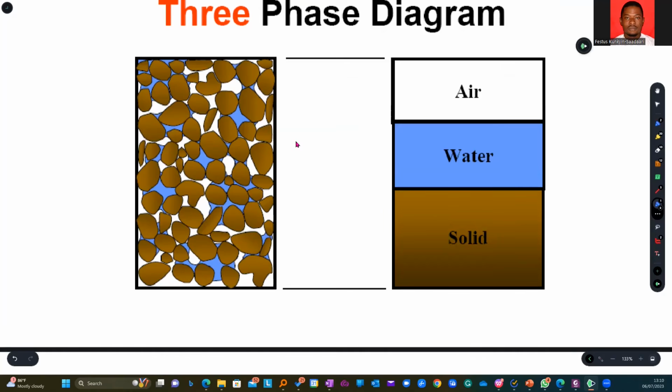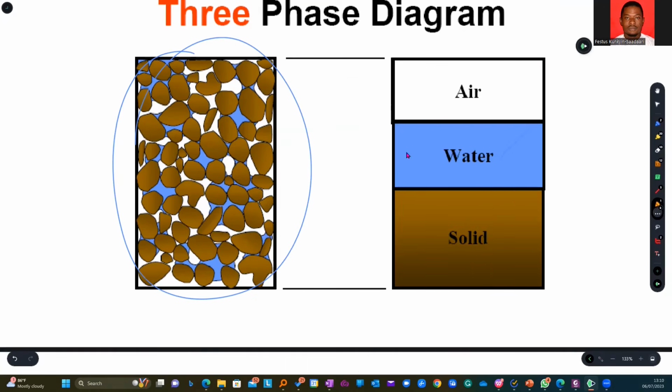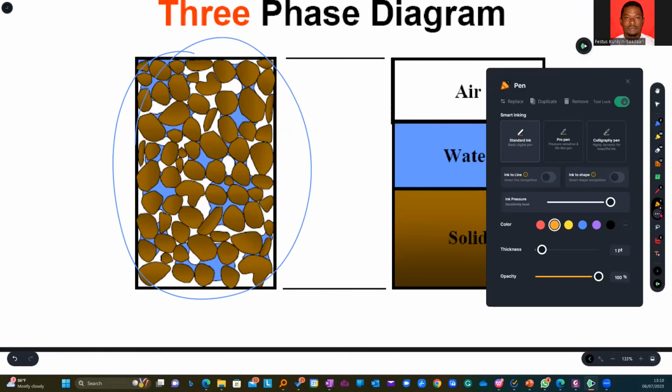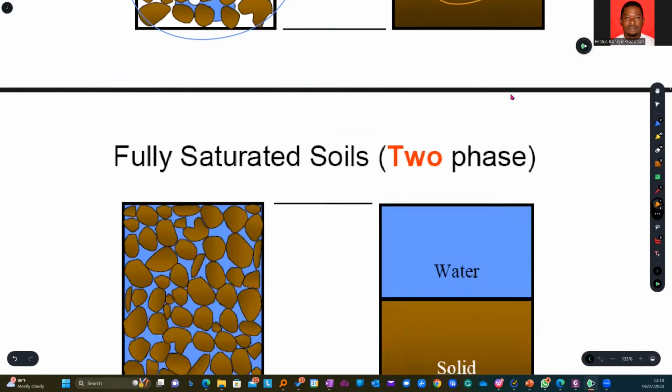I have the blue sections representing the water, then the solid state, and finally my air.